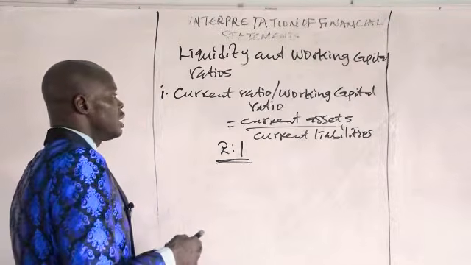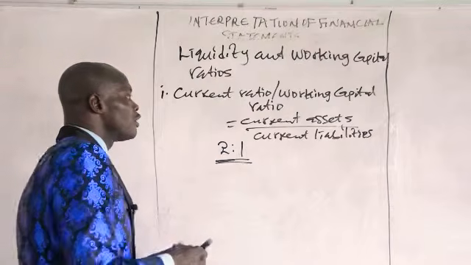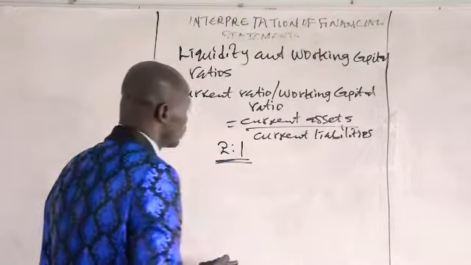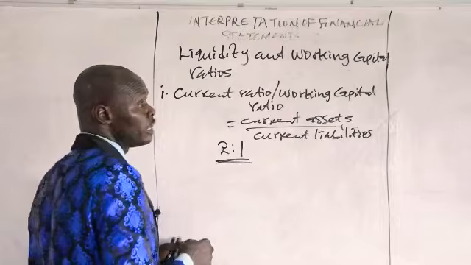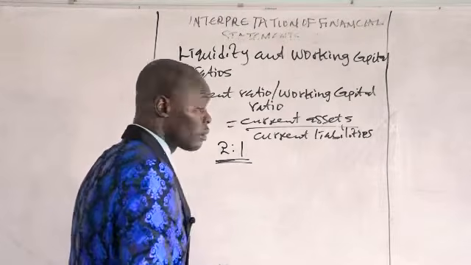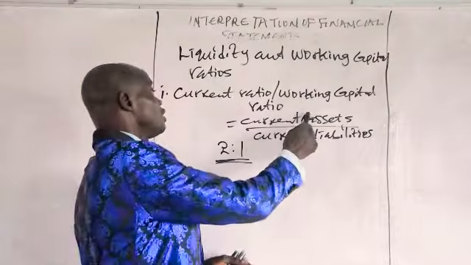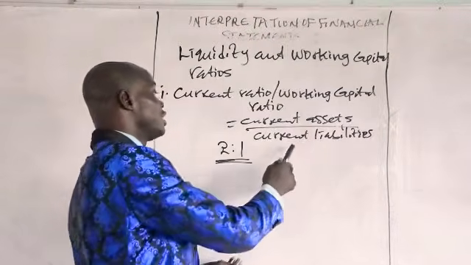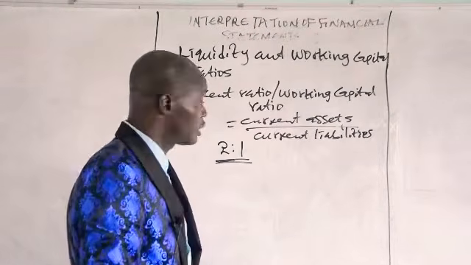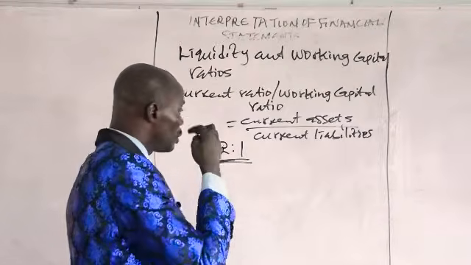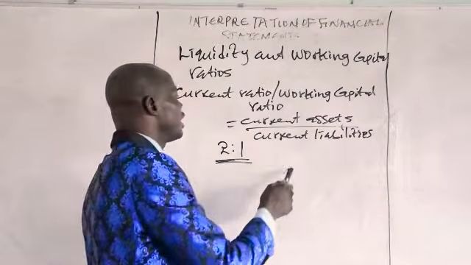Now, to comment on this ratio, you have to investigate the components of the ratio. Your current assets may include inventories. Where your level of inventory increases, the current assets will be very high, and the current ratio will also increase. Why would the inventory be high?